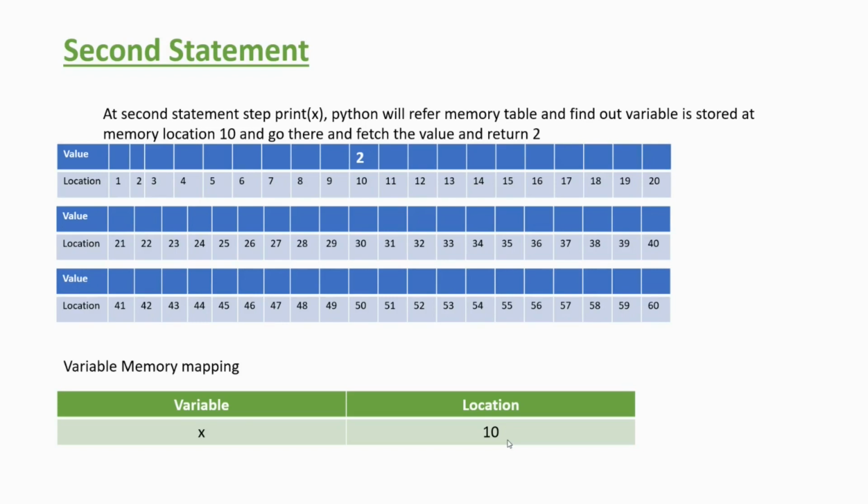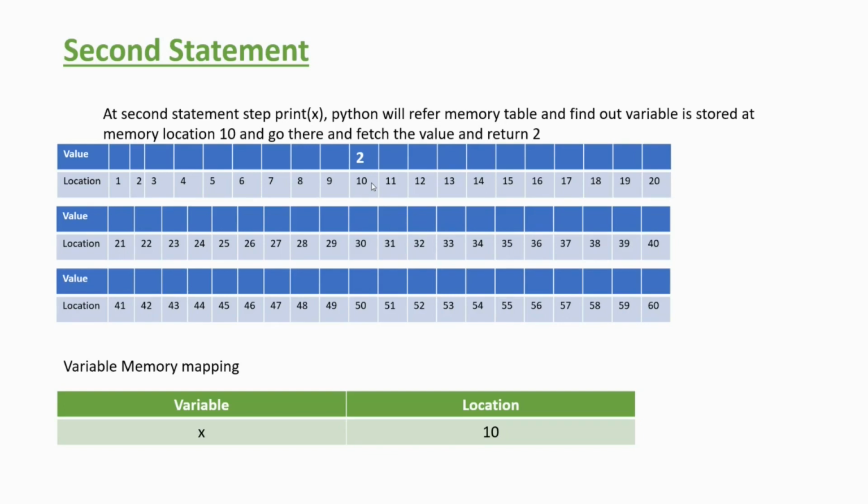Python will find the location of x in the table, see that the value of x is stored at location number 10, then use this memory location to fetch the value 2 from the memory and print it on the console.